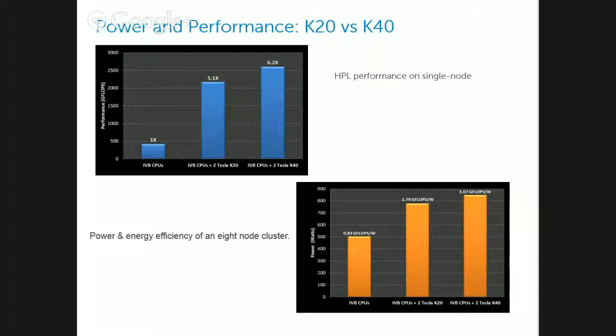With K20s, we were seeing 5.2x performance, 5.1x performance. And with K40s, we were seeing up to 6.2x performance. One of the biggest advantages of K40s is that it has higher memory, so it allows you to run more applications that are more data intensive or require large space for data.